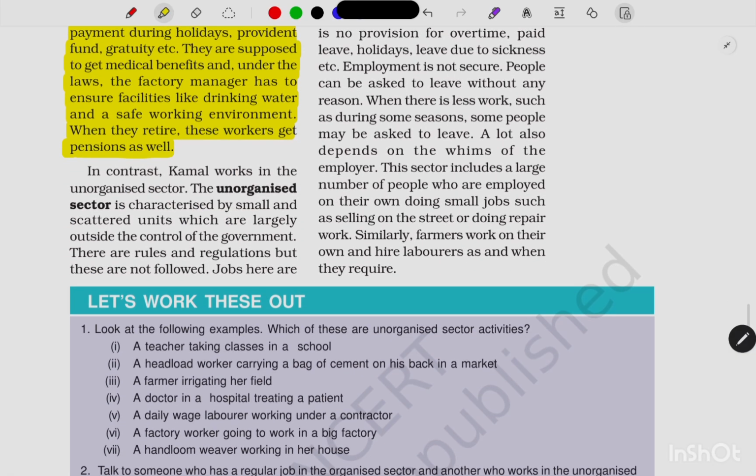In contrast, Kamal works in the unorganized sector. The unorganized sector is characterized by small and scattered units which are largely outside the control of the government. There are rules and regulations, but these are not followed, obviously.